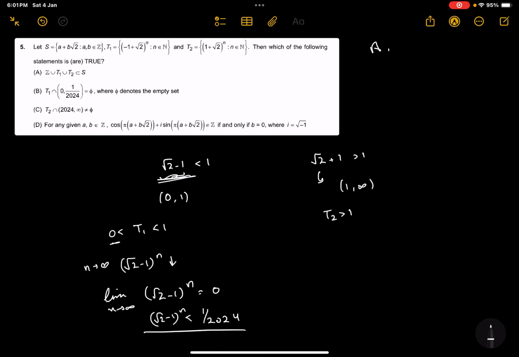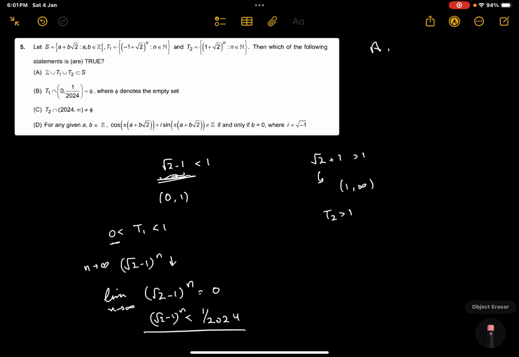So option B is incorrect, because for some n large enough, we will indeed have that minus 1 plus root 2 to the power of n is less than 1 upon 2024.